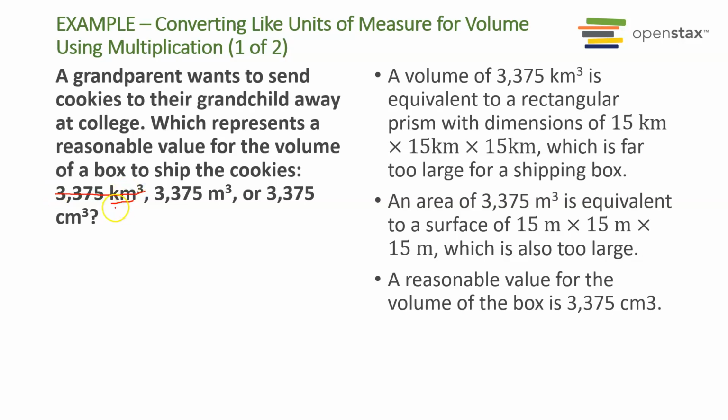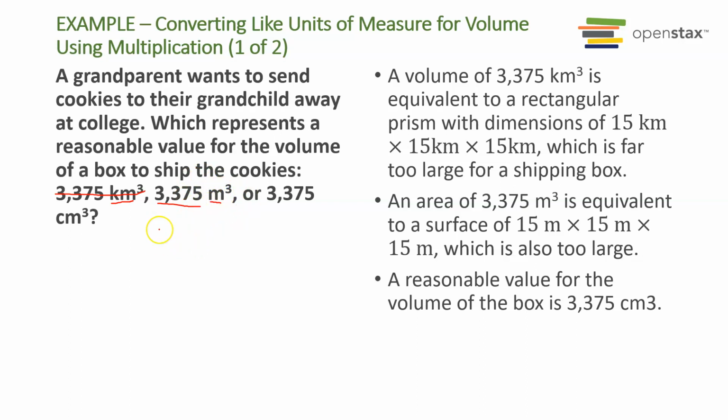This grandparent isn't sending their grandchild cubic miles worth of cookies. And then a meter is on the same kind of playing field as a foot. But we're talking about 3,000 of them.